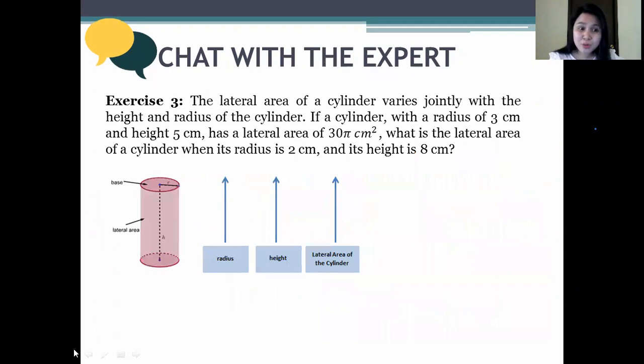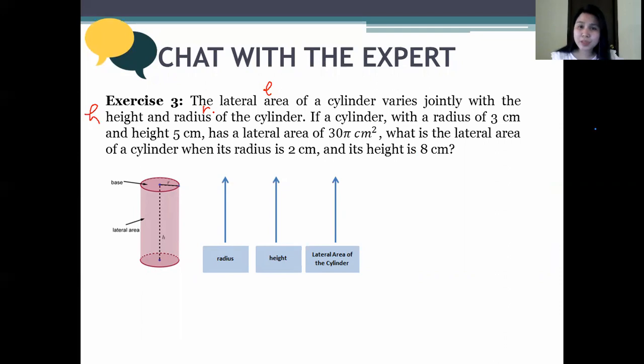Now let's go to our problem. The lateral area, say L, of a cylinder varies jointly with the height and the radius of the cylinder.